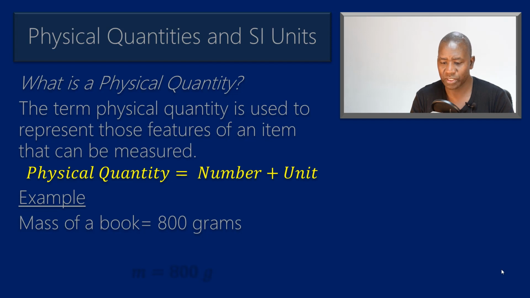When you talk about the size of a given physical quantity, you must give it a number and a unit. That is the first rule in physics. So mass of a book is equal to 800 grams. Mass is the physical quantity, book is the item, and of course 800 grams is the magnitude or the size. And it is represented by a number and a unit.